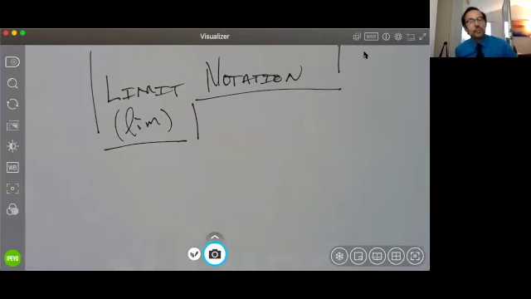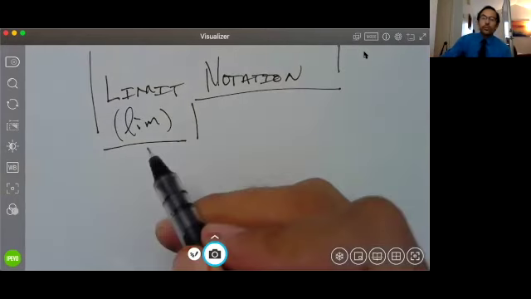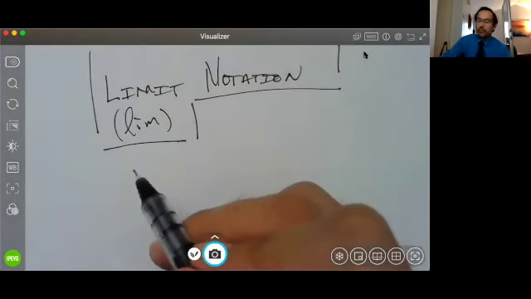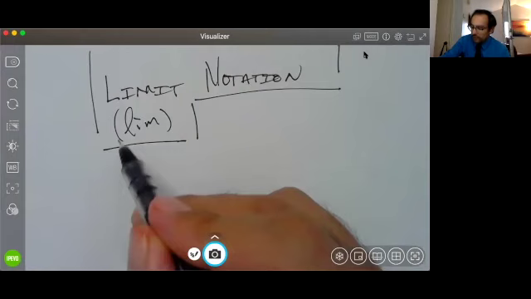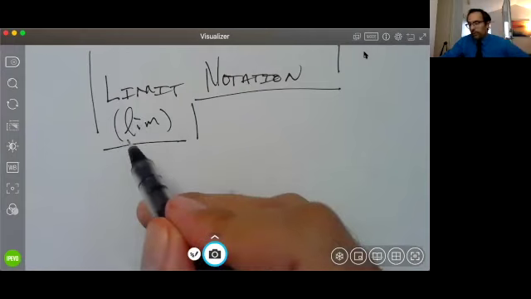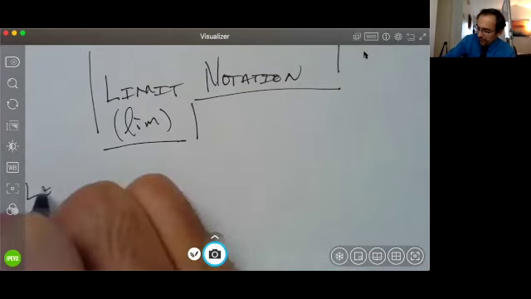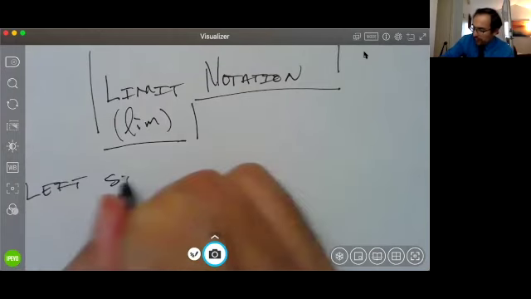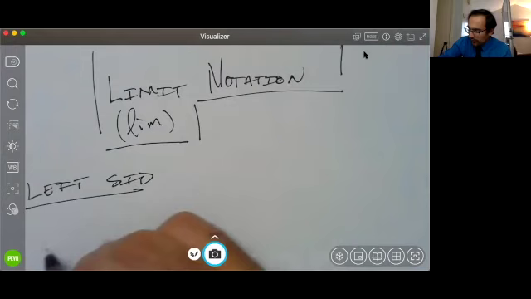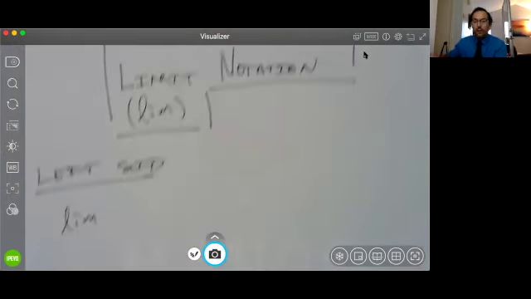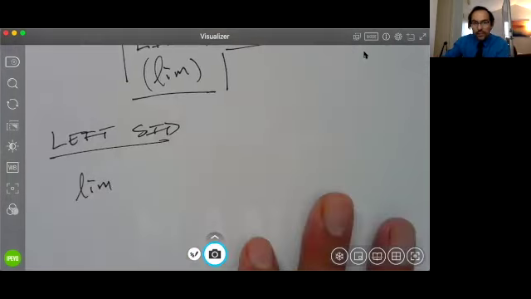So first I want to explain what limit notation is. Limit notation is used to represent end behavior by using the first three letters of the word limit. So if I wanted to represent the left side for end behavior, I would use the limit of my function. Let's say it's f of x in this case.